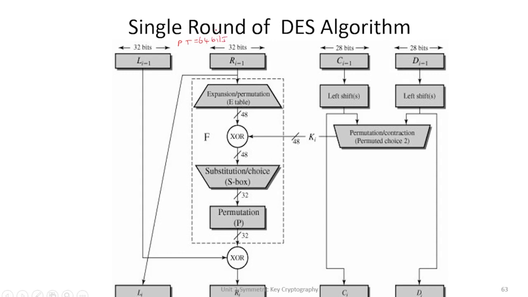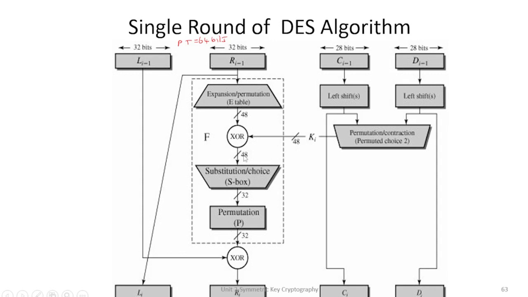It is divided into left part and right part. L denotes the left half, R denotes the right half of the plaintext, 32 bits each. Then we should do the round function operation. F means round function, which contains 4 basic operations: expansion, XOR operation, substitution, permutation.